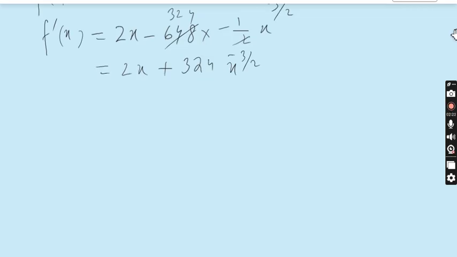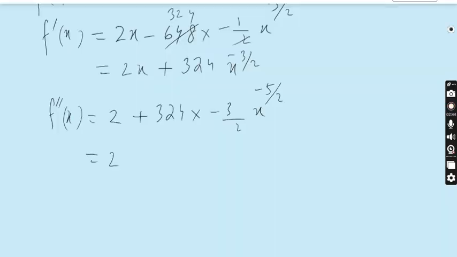Then find the double derivative of the function. The derivative of 2x is 2, plus 324. Write minus 3 upon 2 first. Subtract 1 from minus 3 upon 2, that is minus 5 upon 2. Plus, minus minus, 2 ones are 2, 2 6s are 12, 2 2s are 4, 162.